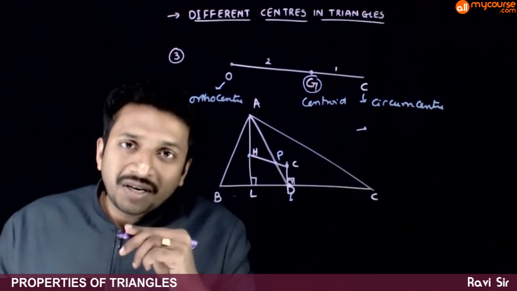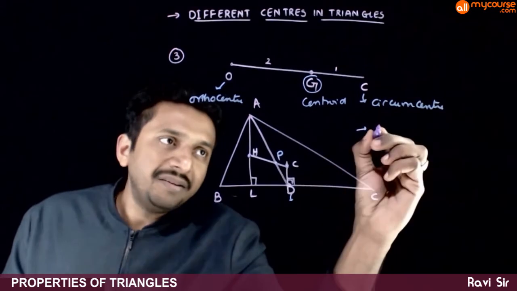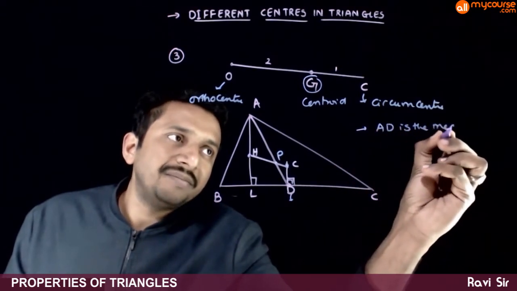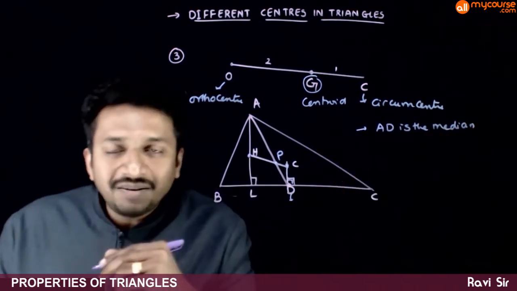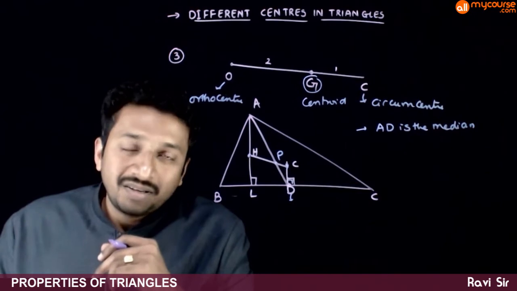So the observation that I make is AD is the median. AD is the median, right? AD is the median because D is the midpoint and A is the vertex.